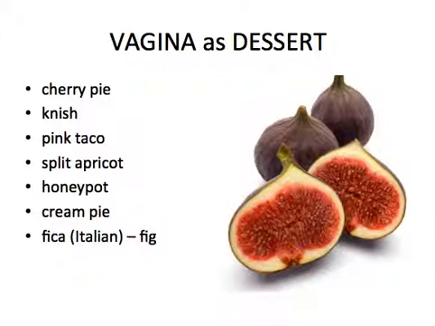Finally, we can look at how sexual organs are referred to metaphorically by reference to food. So we're talking about a vagina, but we're referring to it as the source domain as dessert.